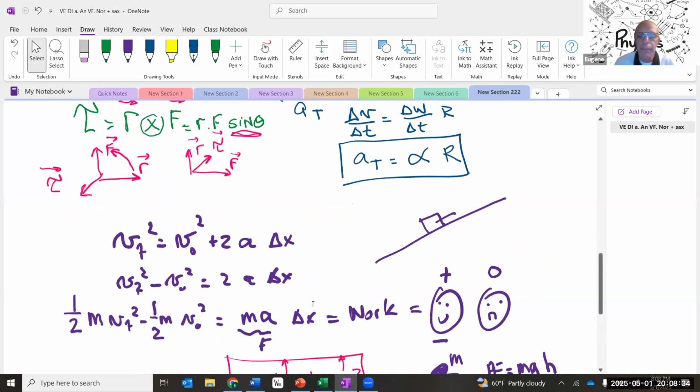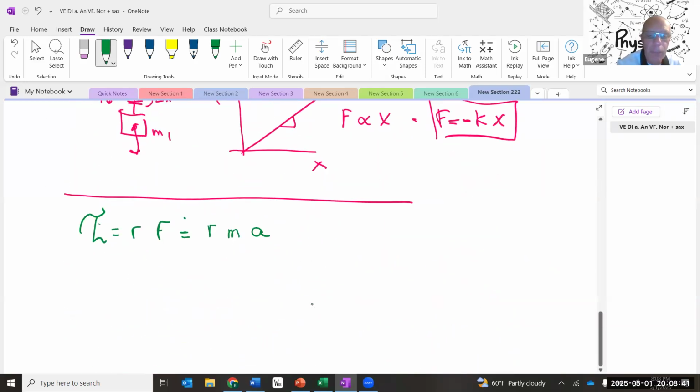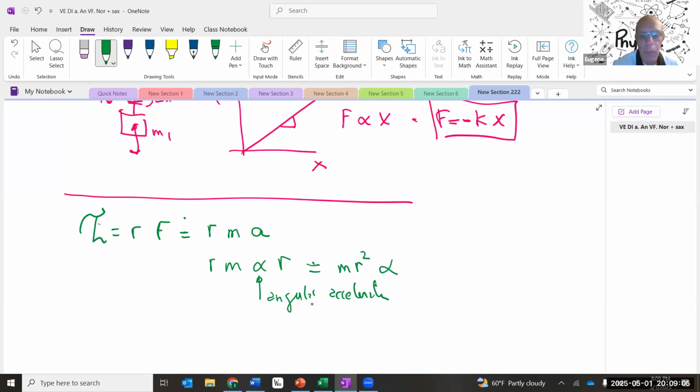The a here is alpha R, so we can relate that with alpha R. So r times m alpha R, where this here is the angular acceleration. So an interesting formula comes out here, which is M R squared alpha.